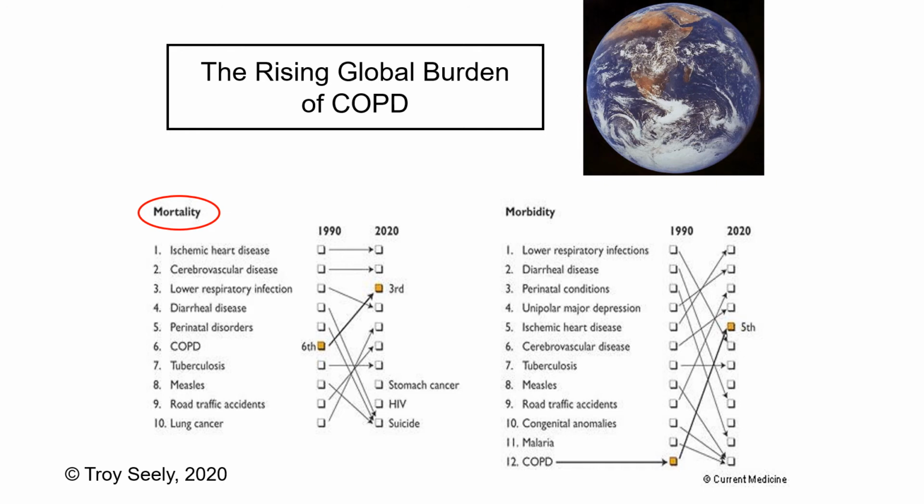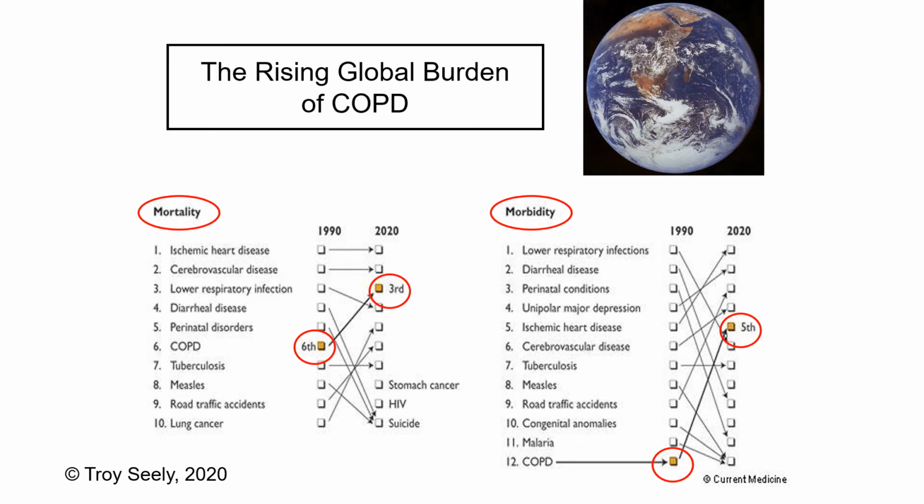Morbidity is a condition of being ill, diseased, or unhealthy. And from there, we start to see the shift of COPD down here at the 12th position, and also jumping up over the course of the last 30 years to 5th overall.